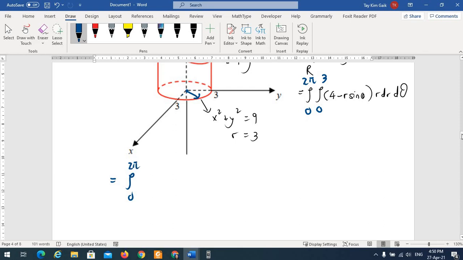Before you integrate, you have to simplify first because of the multiplication by r outside. We get r from 0 to 3. So this is 4r minus r squared sin theta, dr d theta.